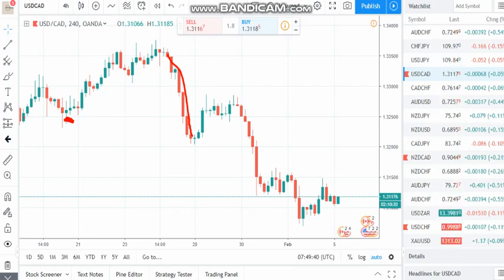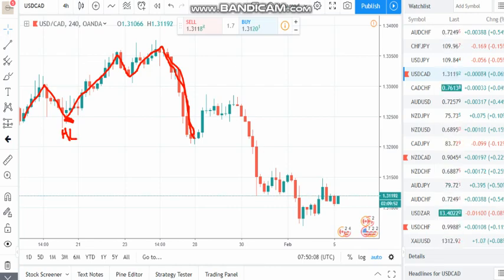The market was moving up, made a higher high and a higher low, and you see now the trend has shifted to a downtrend, because now this lower low is lower than that higher low. So now this is how you enter a trade.